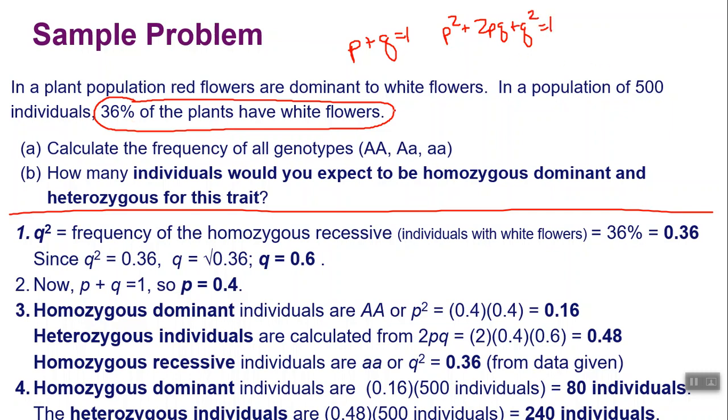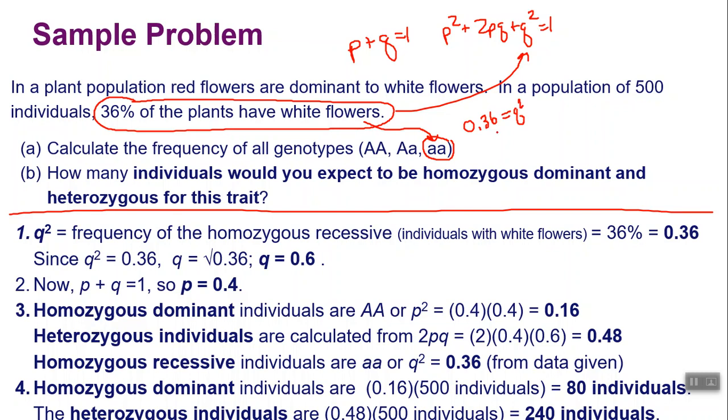It's Q squared, right? If you have white flowers, you are homozygous recessive. So 36% of our plants, 0.36, are homozygous recessive, and that's the value for Q squared.